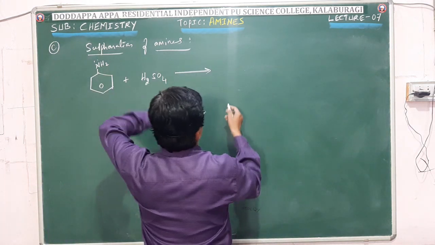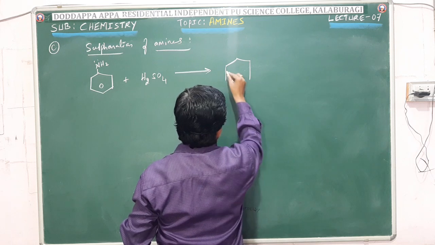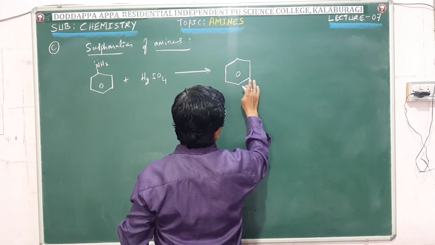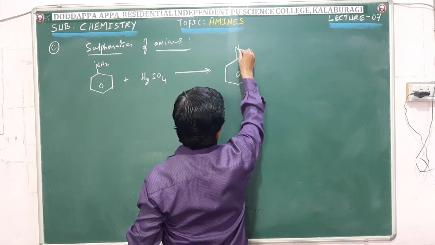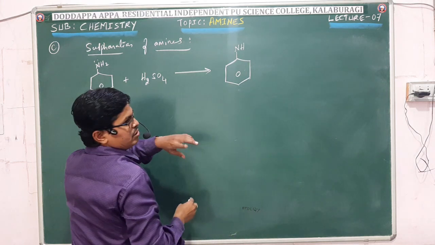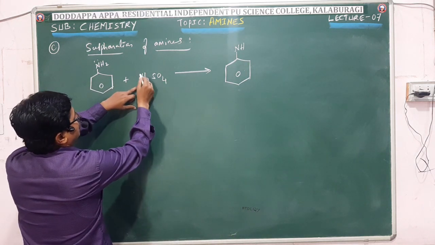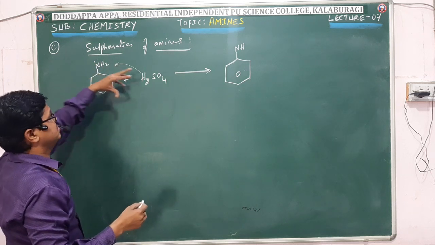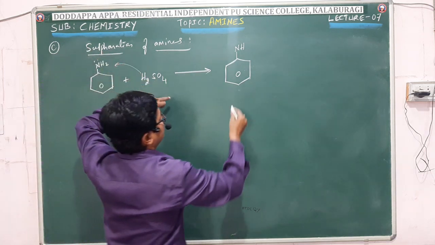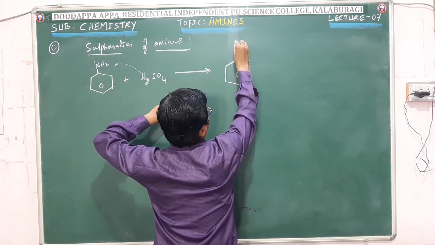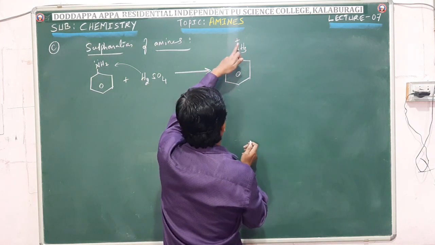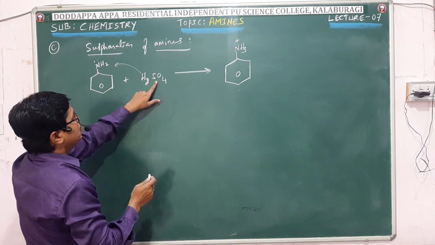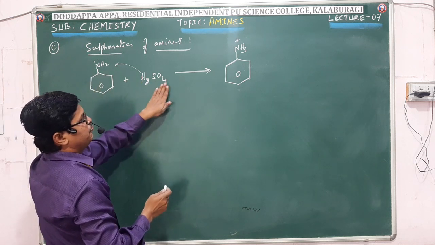First it forms anilinium hydrogen sulfate. Look here, H2SO4. One of the H plus is added to the amine group. Because it is a base, it attracts the H plus ion, and it forms the NH3 plus anilinium ion. What is left here? One H plus is gone, it becomes HSO4 minus.